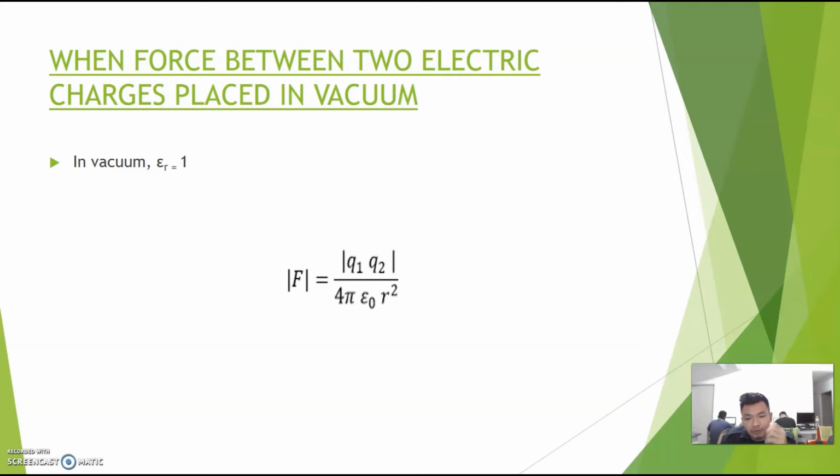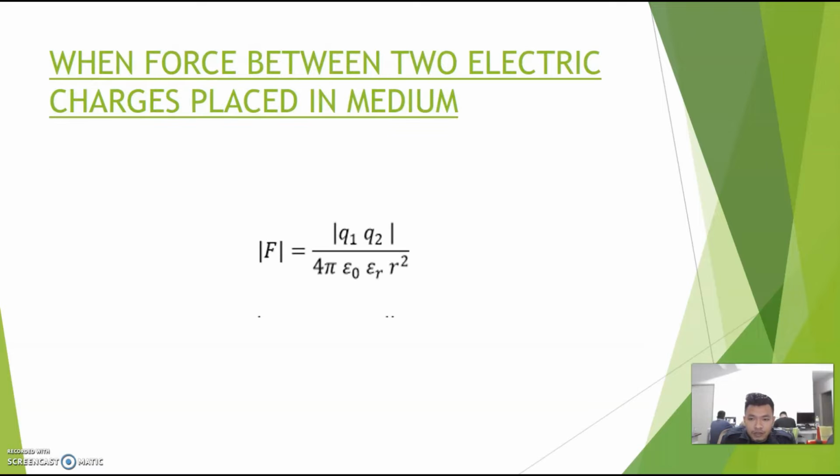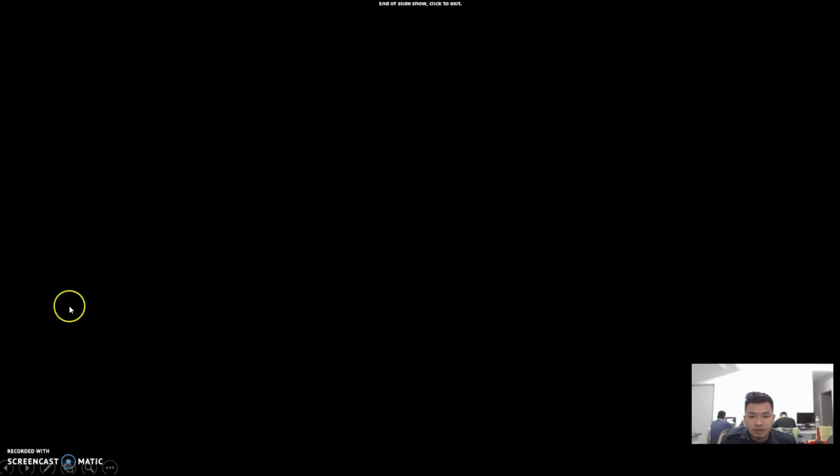So our formula will be F equal to the magnitude of Q1 Q2 divided by 4 pi times the permittivity in vacuum times the distance squared. When the force is between two electric charges placed in a medium, our formula will be F equal to the magnitude of Q1 times Q2, divided by 4 pi times the permittivity in vacuum times the permittivity in medium times the distance squared between the two charges.